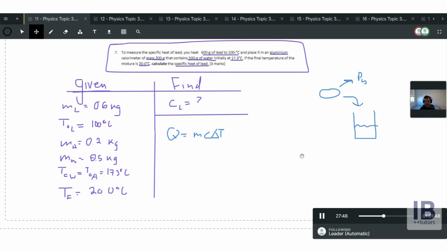This is the right equation, but this term here is going to have to change, right? Because you have MA, you have MW, you have TEF, you have T naught W, you have T naught L. So how would you set up the equation?